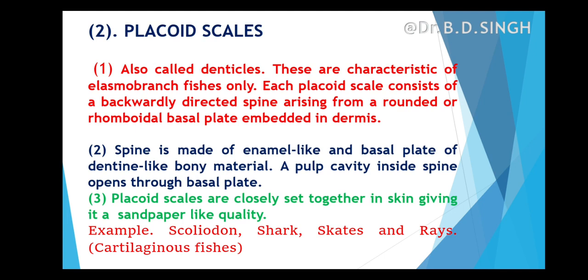Point number 2, the spine is made of enamel-like and basal bony materials. A pulp cavity inside the spine opens through the basal plate. Point number 3, placoid scales are closely set together in the skin, giving a sandpaper-like quality. Example: Scoliodon, shark, Trygon, and rays, cartilaginous fishes.